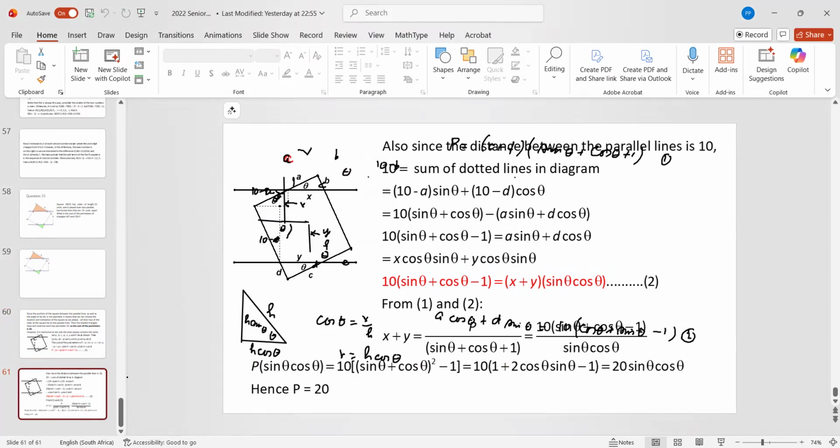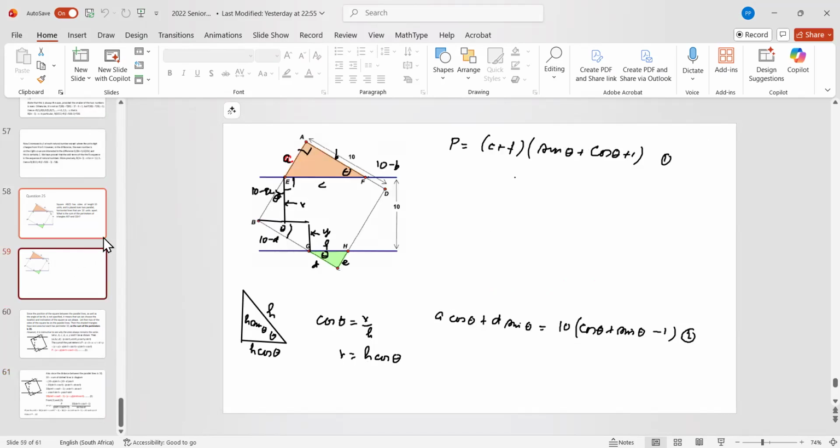I seem to have taken the wrong one. I got two equations which involve the same numbers. Okay, now I know what I did. Right. So you got the following.